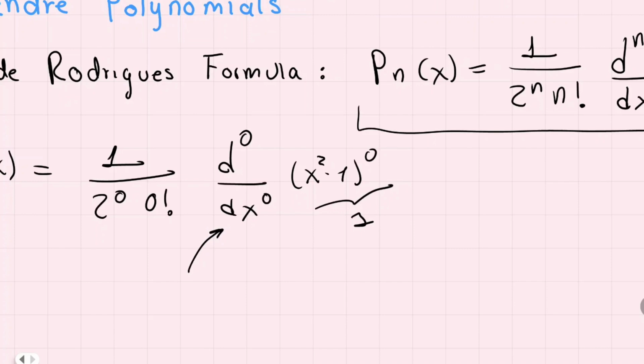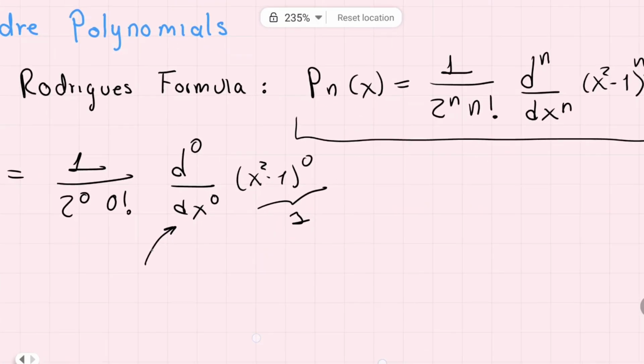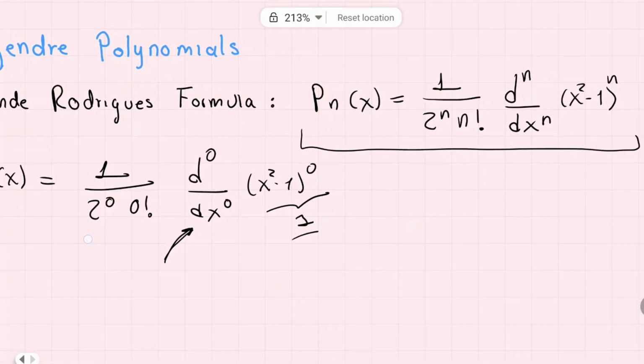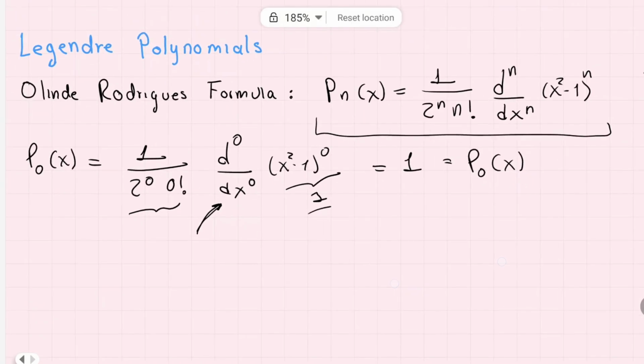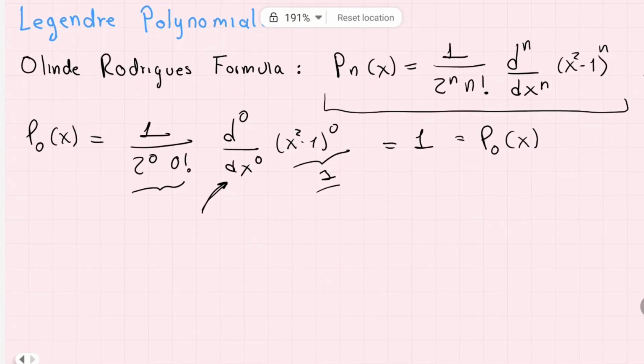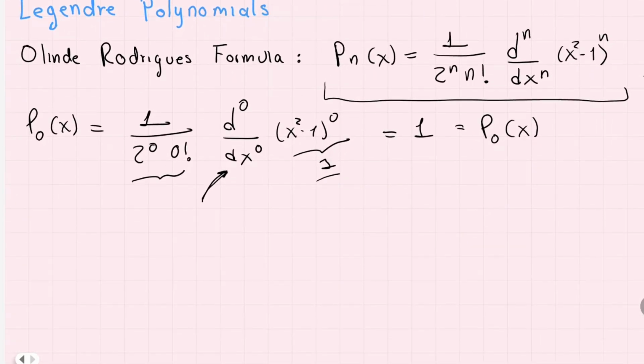So if we take the zeroth derivative of 1, we just get 1, and of course this is also 1, so this is 1, and this is the P0 of x term. This is the first Legendre polynomial, for n equals 0.